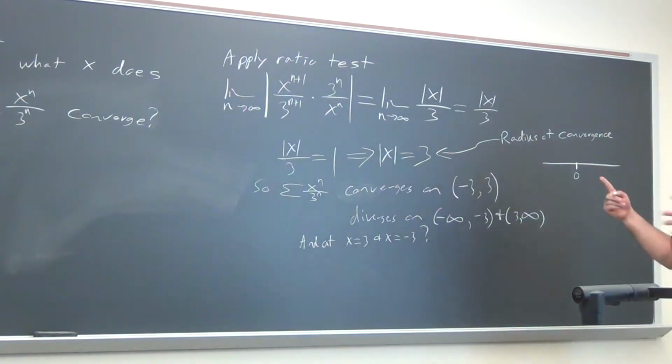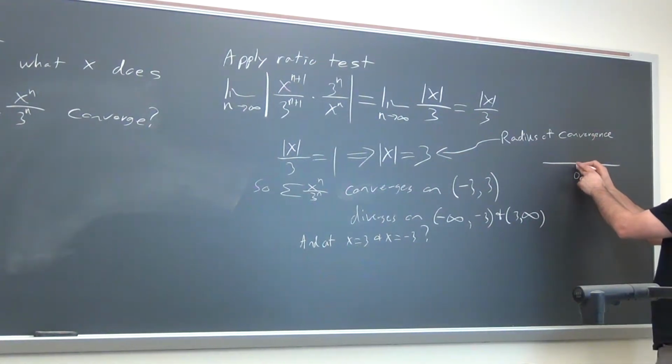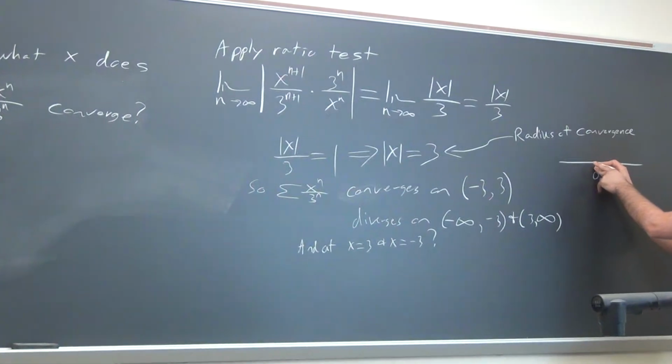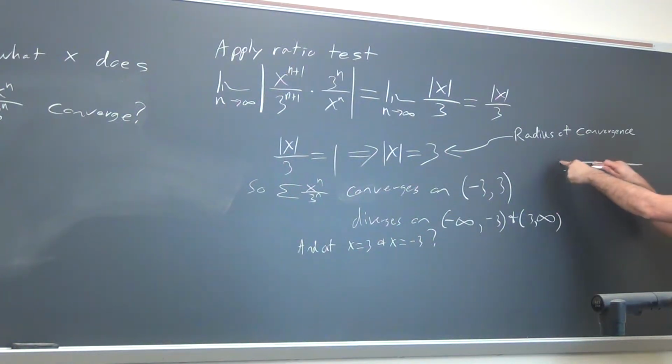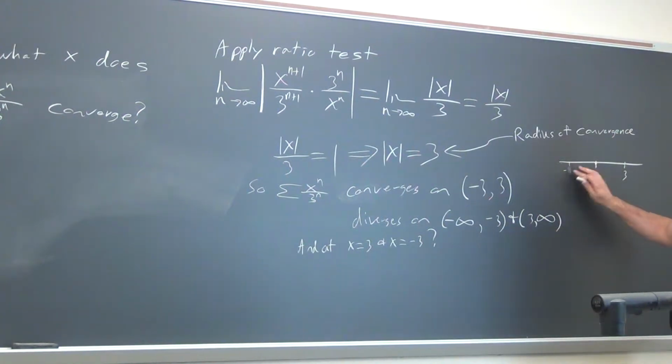That radius of convergence means, we already said it converges at 0, and then what we've seen here is it keeps converging until you get up to 3 and -3, right? So there's that radius of 3, you're in the middle of that thing. Okay, so there's your radius of convergence, and then we need to check these endpoints.